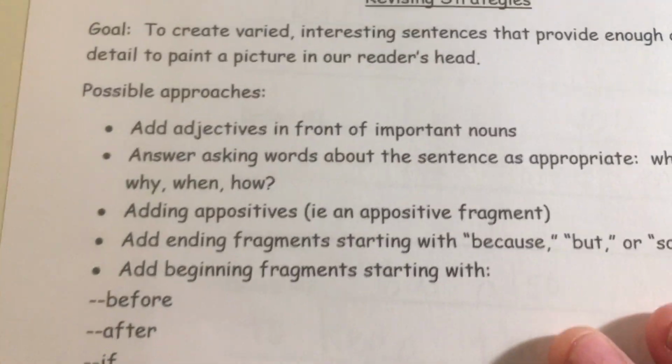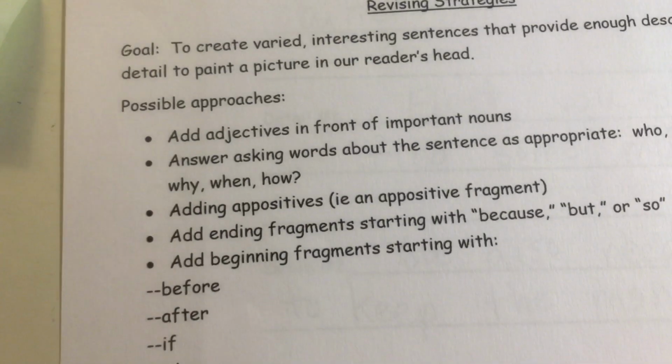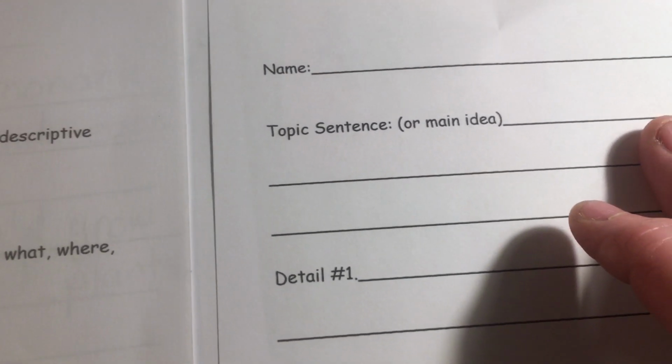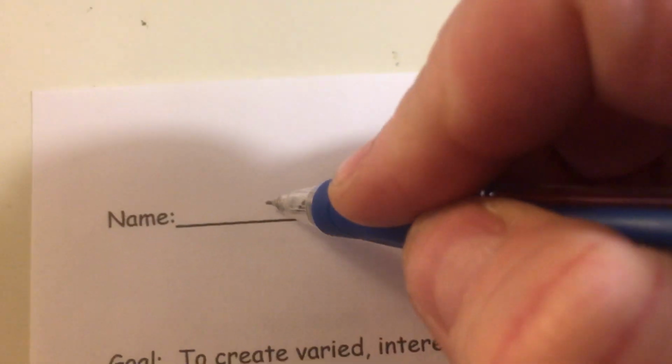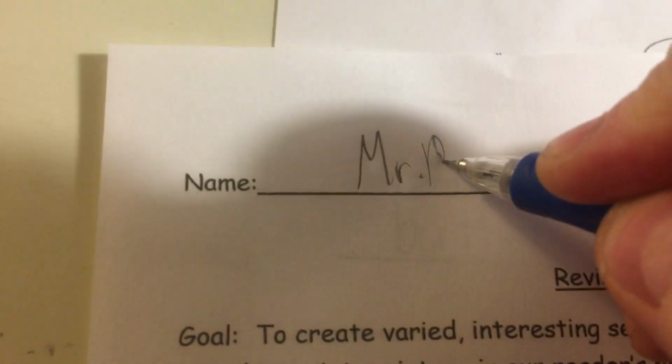The first page provides some reminders of the different ways we can revise, and the second page is the page where you'll actually write your revised sentences. So on both pages, start out by writing your name and number. Do that on both pages.